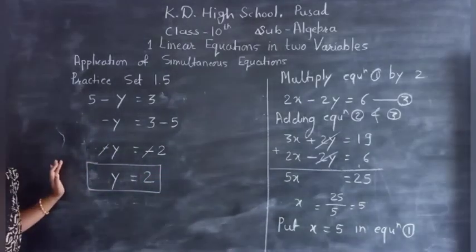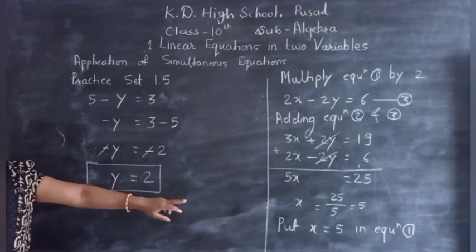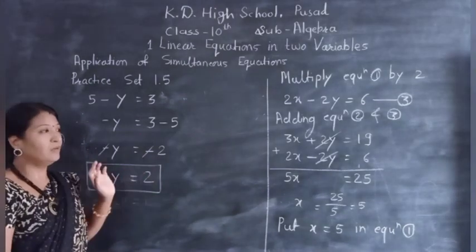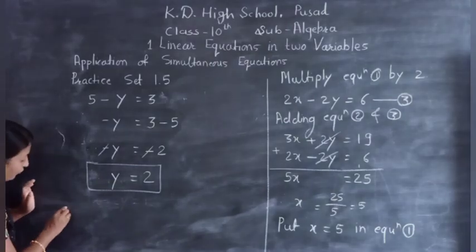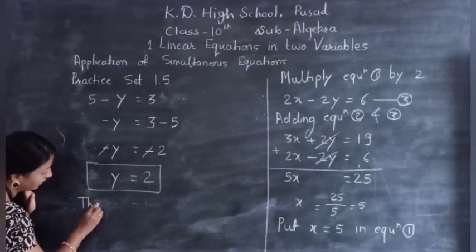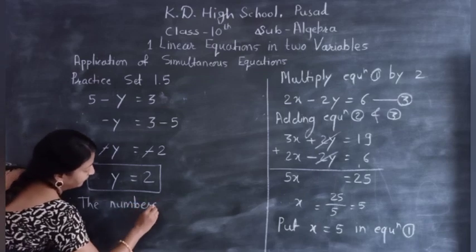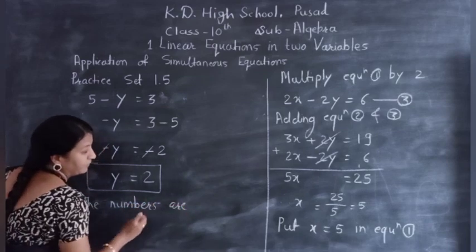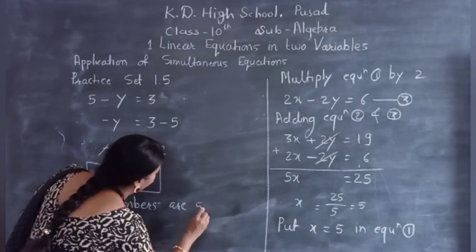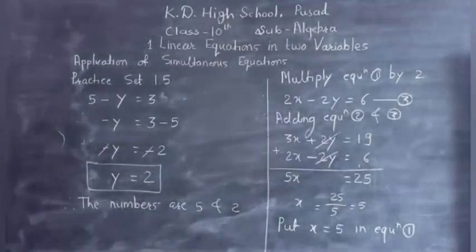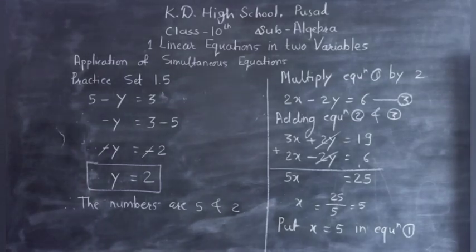We have to find the numbers. The numbers are 5 and 2. You can verify it. Therefore, the numbers are 5 and 2.